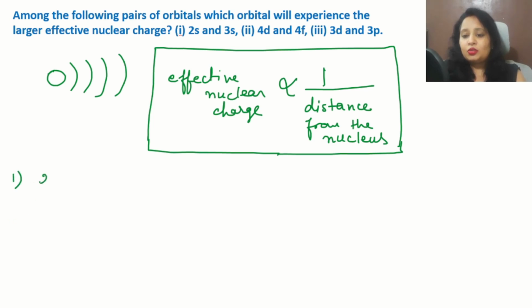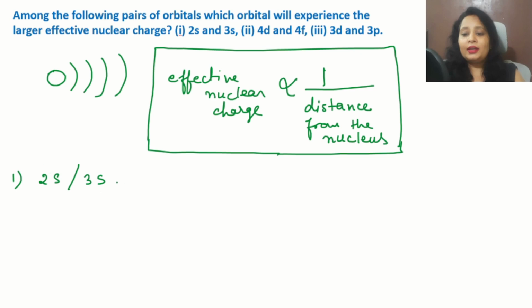So start with the first set. It is 2s and 3s. Now 2 is the principal quantum number, it means the shell number, and 3 is also the shell number, s is the orbital. Now the second shell will be nearer to the nucleus as compared to the third shell.